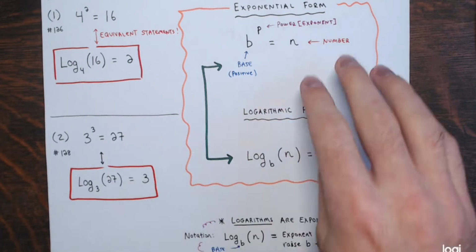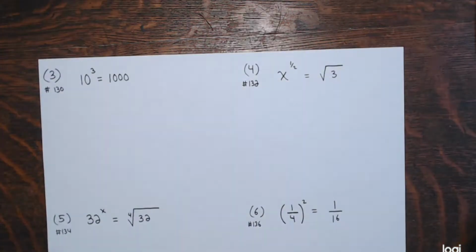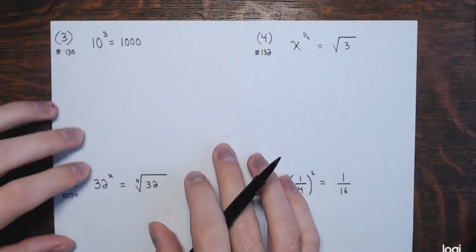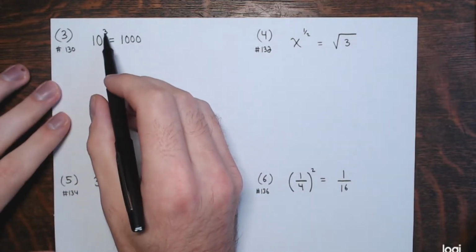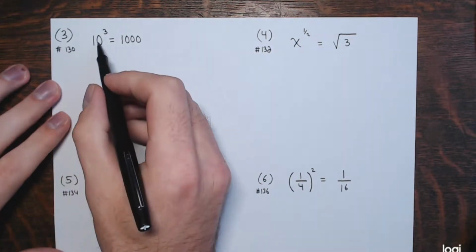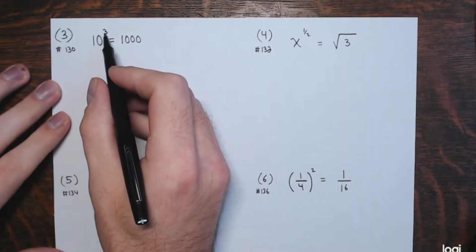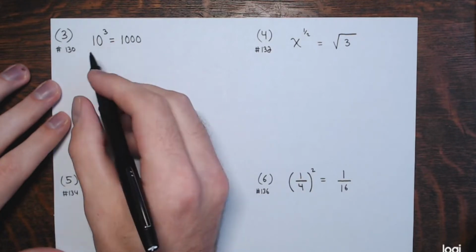Alright, so again, I'll keep doing this. Question 3, same stuff. We're given an equation in exponential form. 10 to the third power equals 1,000. So you have a base 10, exponent 3, and equals some number, 1,000.